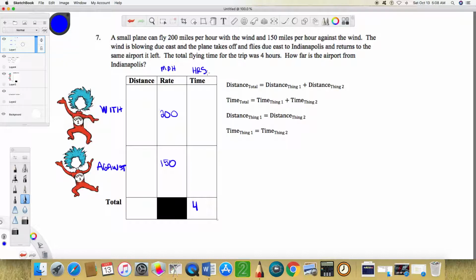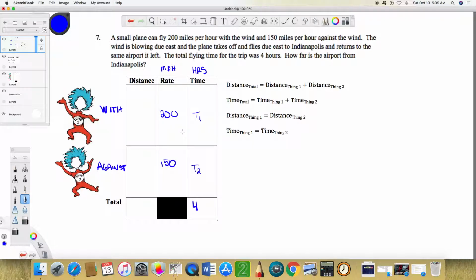But we don't know individually how long it took to go from our airport towards Indianapolis, and we don't know how long it took coming back. Since you're flying faster, it's obviously going to be less time to get there than if you were going slower. Now the distance is the same.